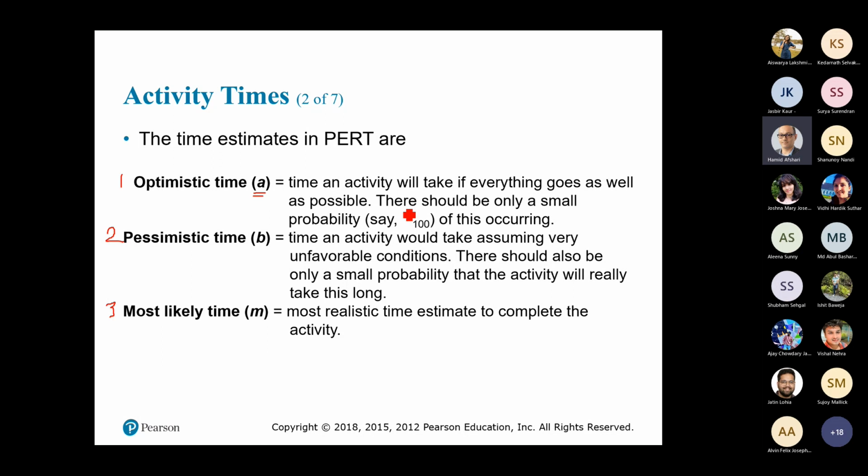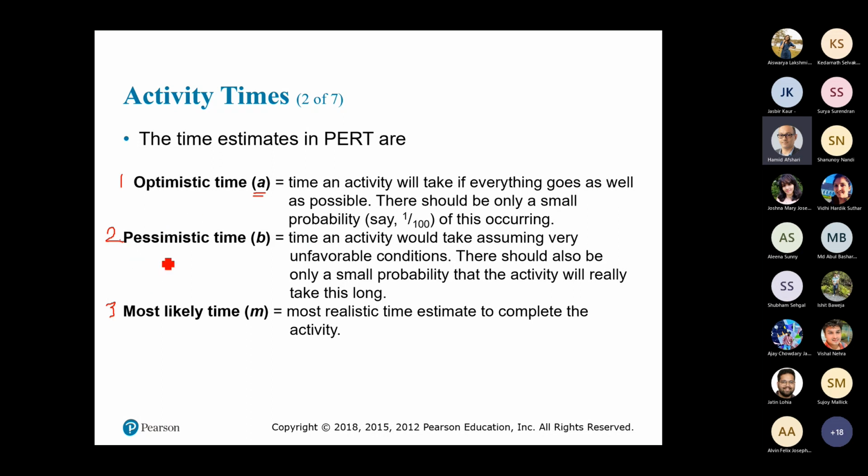In many cases this is not realistic. We can say there is only a 1% chance that this happens. However, it is possible. Although 1% is a very low probability, it is possible. So the minimum time that you can finish an activity is called A.